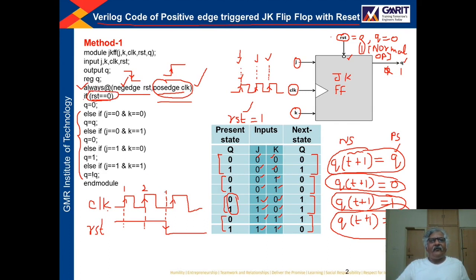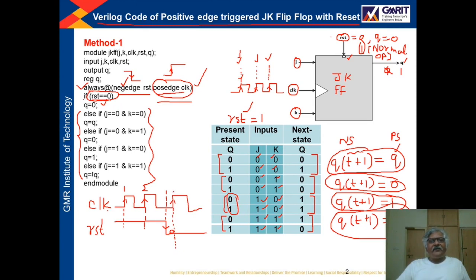Now you see after this negative edge, what is the value of RST? It is 0, right? So this condition is true. Now if this condition is true, immediately 0 will be assigned to Q. The code will not test the remaining conditions, right? After assigning the value, again the always block will be suspended.